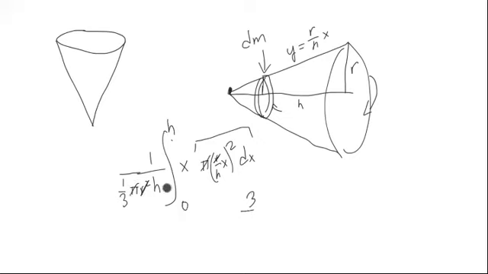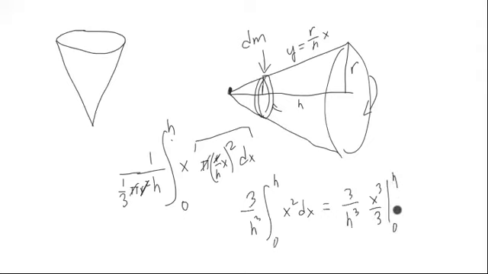Okay, so 3 to the top, and then we can pull out h cubed down there, going from 0 to h, and I pull everything out, so just have x squared dx, which will turn out to be 3 over h cubed times x cubed over 3 from 0 to h. Notice that we're going to plug in h and 0.